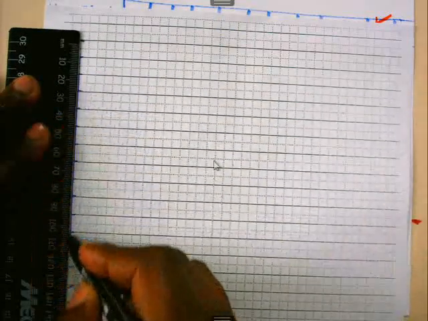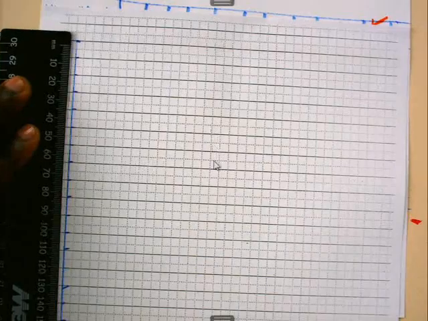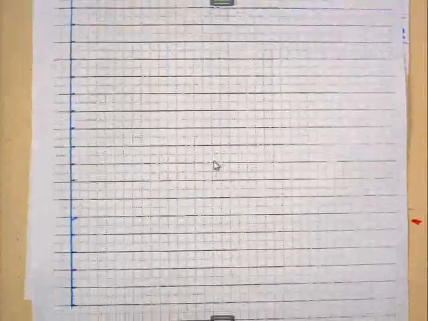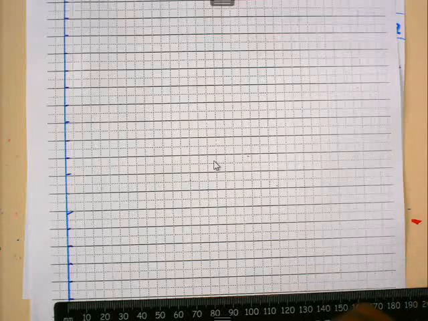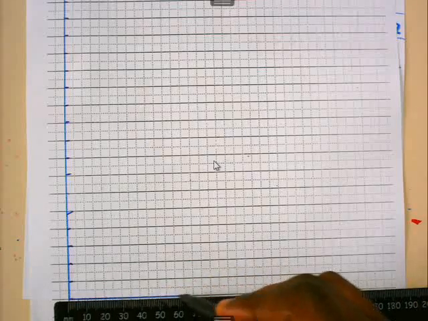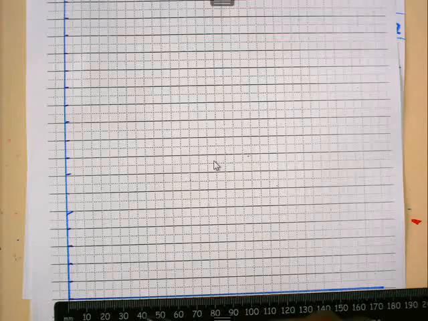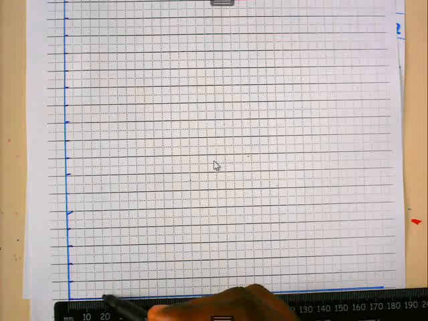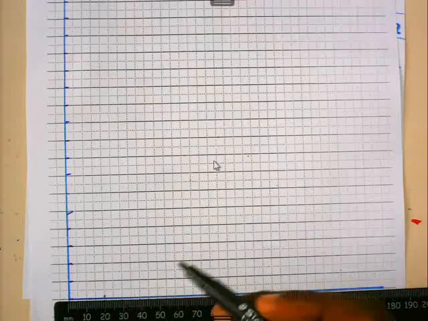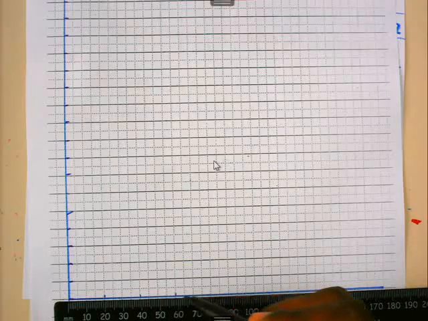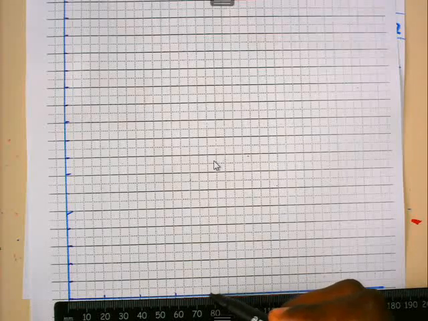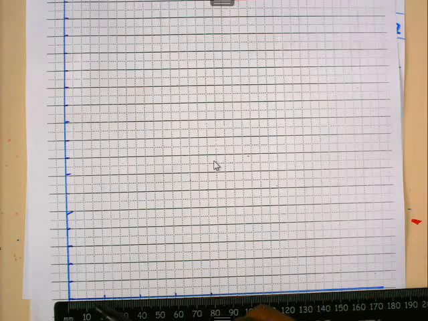We draw a line like that, right? And then we are going to do our scatter plot now. And then we draw another line like that, a horizontal one. We can have here 1, 2, 3, 4. Let me check if that will be fine.